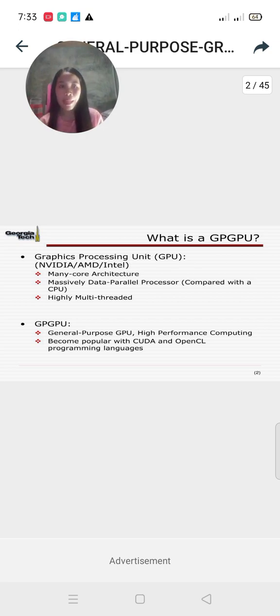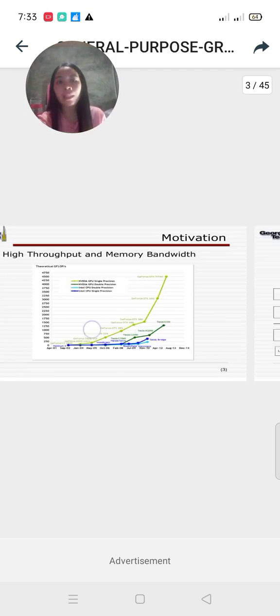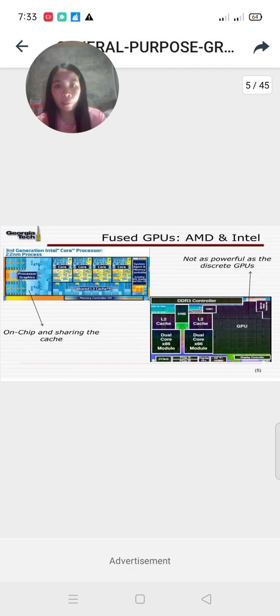Next is the CUDA programming model. Okay, programming model or single instruction multiple data thread. All threads execute the same instruction.